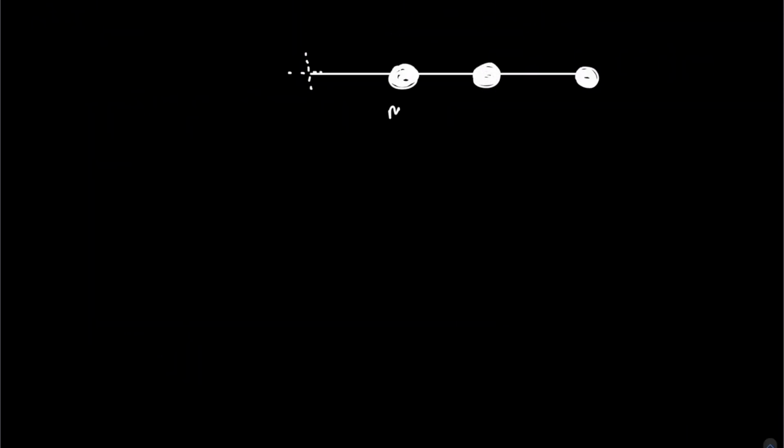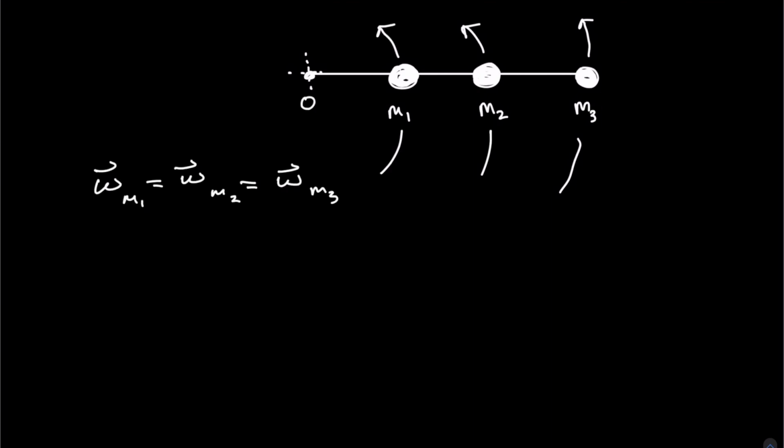Let's say we've got 3 masses that are hung on a string. I'm sure you can agree with me that all of them will cover the full revolution in the same time, so the angular velocity is the same.